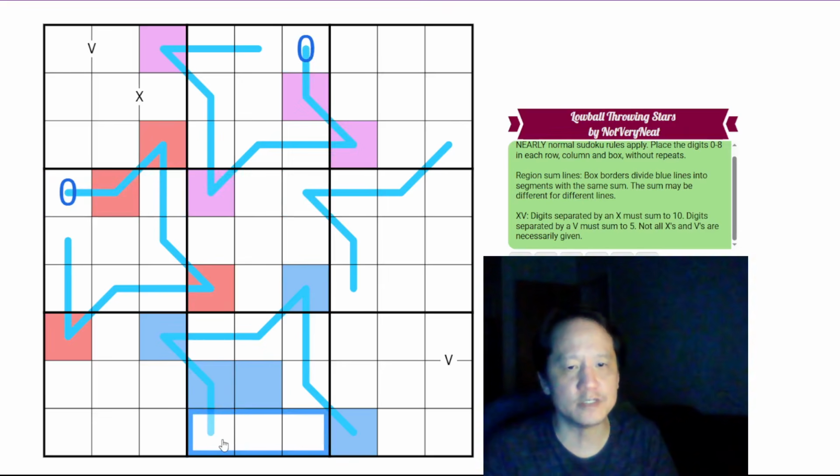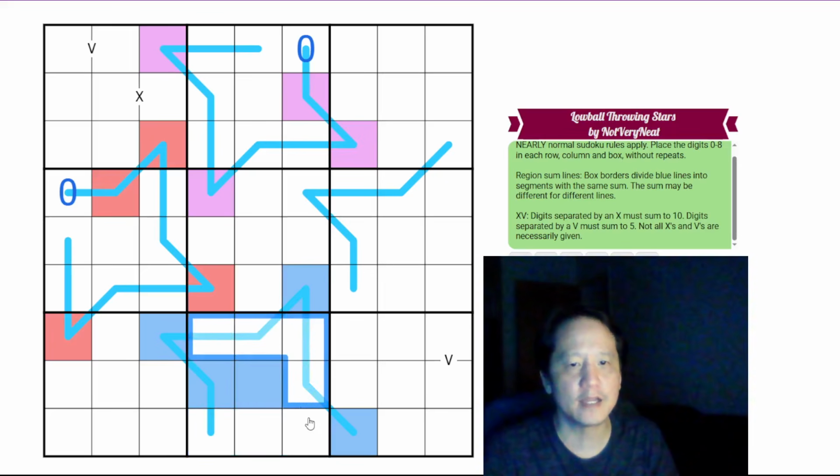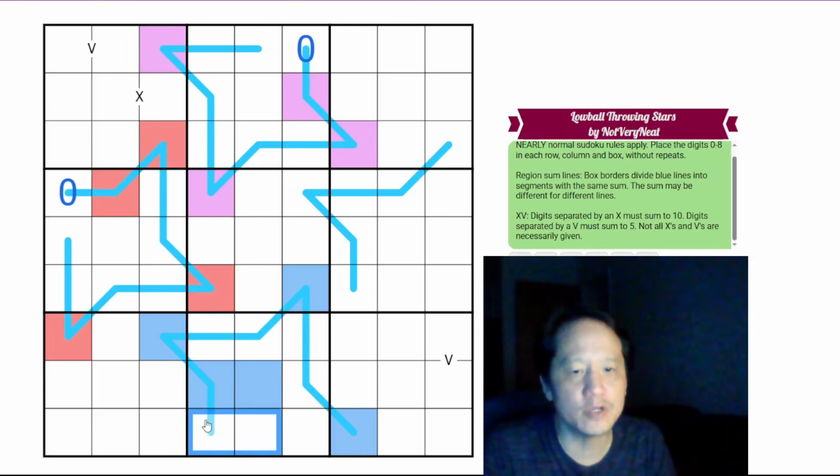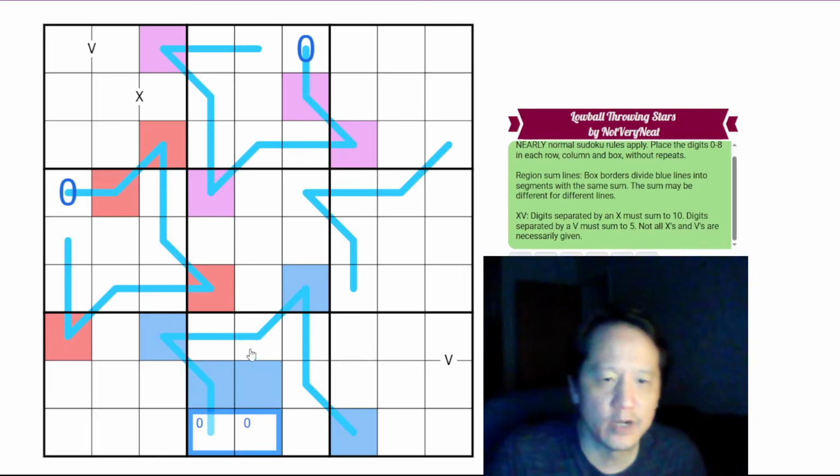But this one is interesting. 0 cannot be any of these, and it can't be here, but 0 could be here. So 0 is one of these two digits here, right? 0 cannot be on these lines because it must be with blue to add up to blue, but blue can't be anywhere here. 0 can't be here because then blue would have to be here, and blue with a non-zero digit is not adding up to blue.